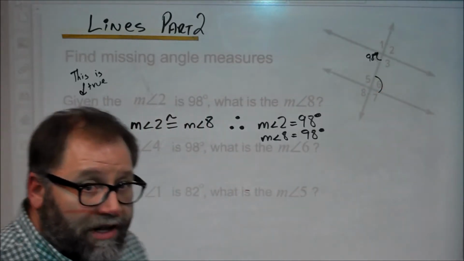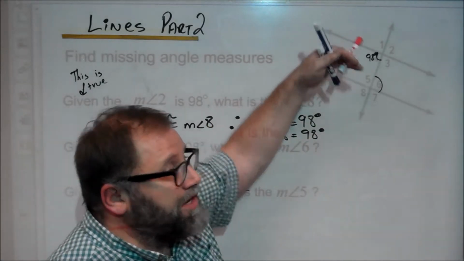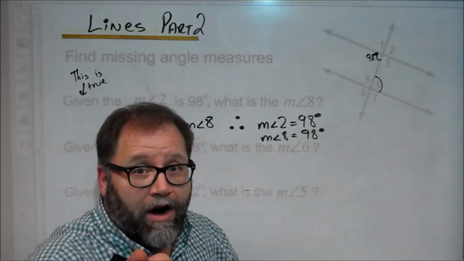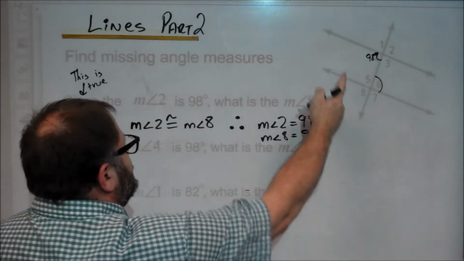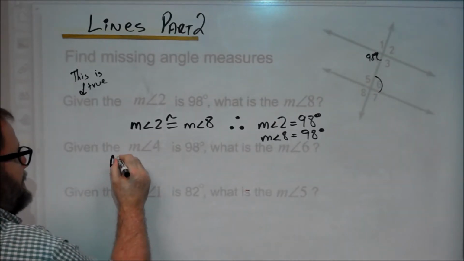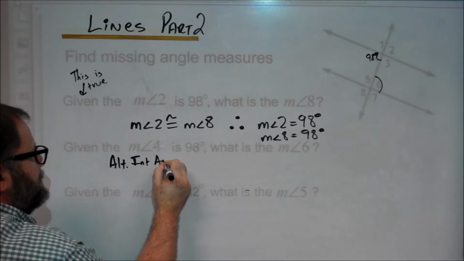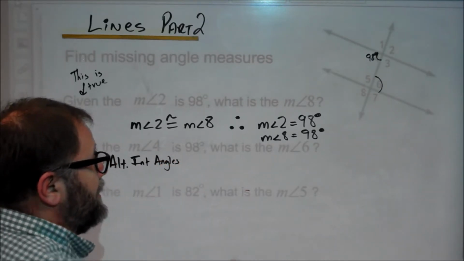That one. Let's figure out if they have a relationship. All right, first thing is, are they on the inside? They are. Are they opposite the transversal? They are. They're opposite the transversal. Which means, because they're alternate interior angles, so I'm going to actually write it this time, alt interior angles. Once we know that they're alternate interior angles, those angles are congruent.